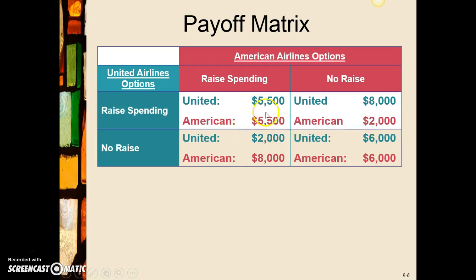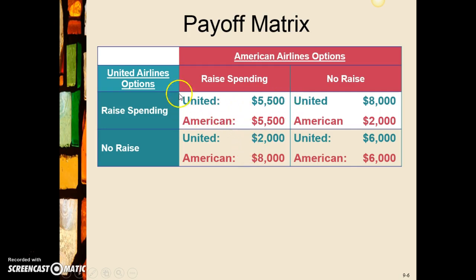So they would raise their spending. And if United was going to not raise, then American would choose between raise its spending and get $8,000 or not raise and get $6,000. So again, $8,000 is bigger than $6,000, and so American also has a dominant strategy to raise their spending.